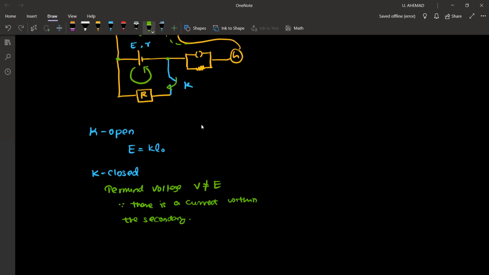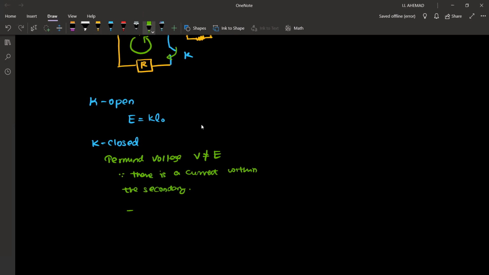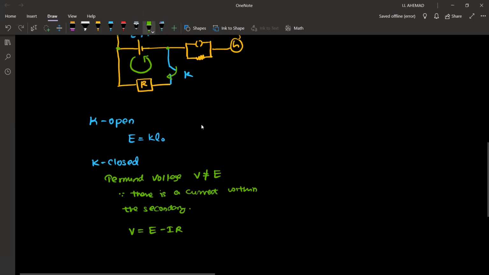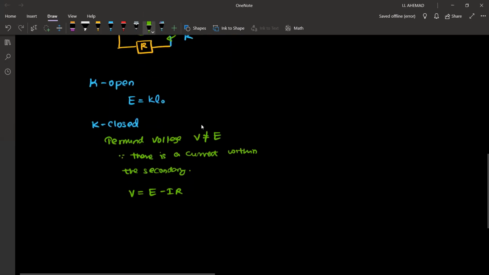So we can write V is equal to E minus Ir. Now, simply, V is equal to E minus Ir, or V is equal to IR.